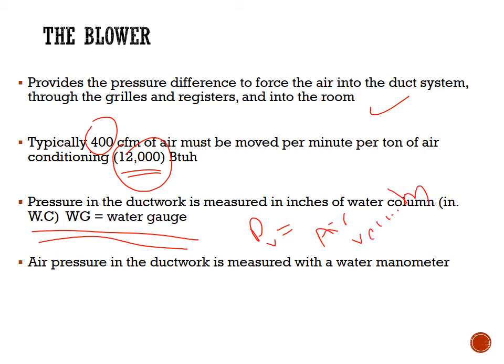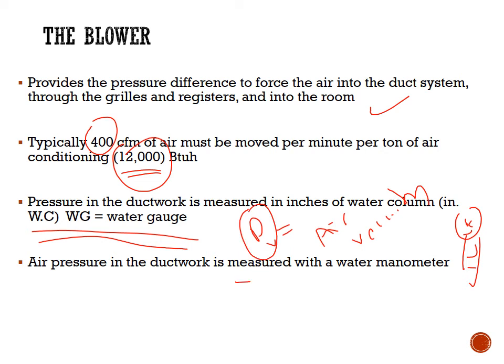If you have a velometer, which looks like a little tool with a fan in it, it will give you the speed, the velocity. But if you don't, you can use a manometer and calculate the pressure to calculate the airflow.